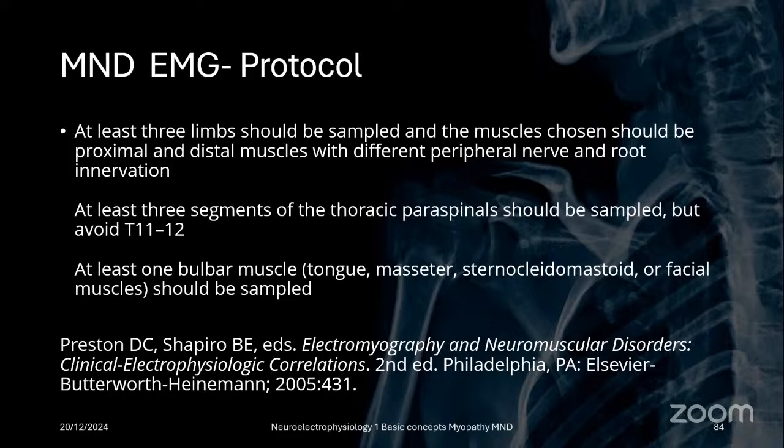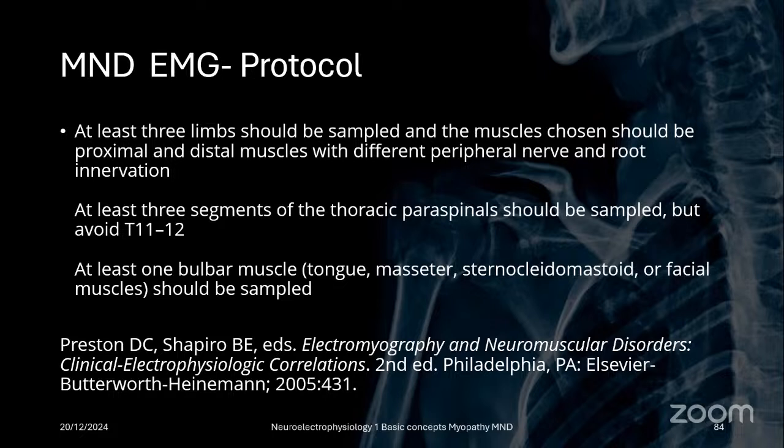So if you look at the limbs, for the lower limbs, I have already told you, you have to do extensor digitorum brevis, tibialis anterior, medial gastrocnemius, vastus lateralis, and paraspinals. If you target these 5 muscles, they will cover all. In the upper limb, what are the muscles which we should target?